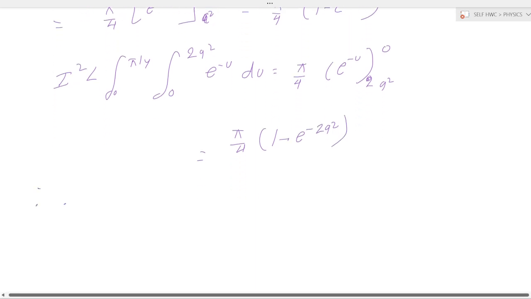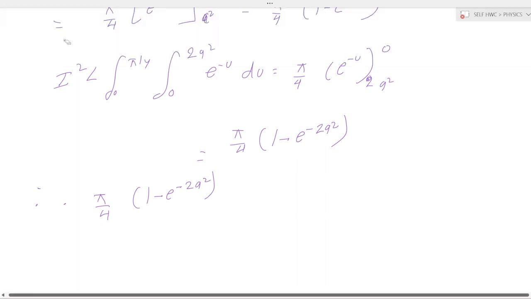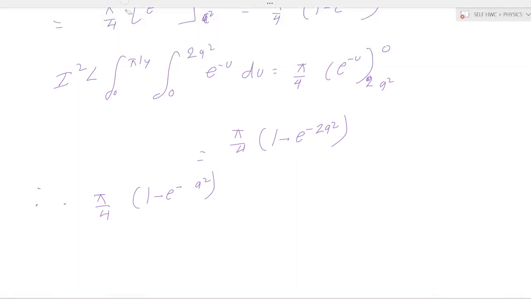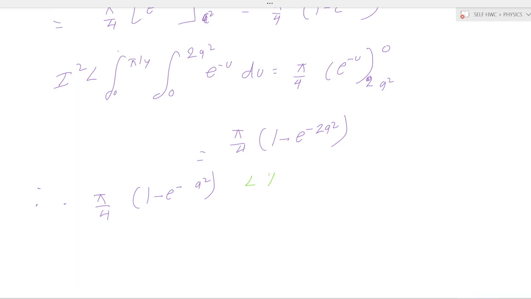Therefore pi by 4 into 1 minus e to the power minus a square is less than I square, which is less than pi by 4 into 1 minus e to the power minus 2a square.